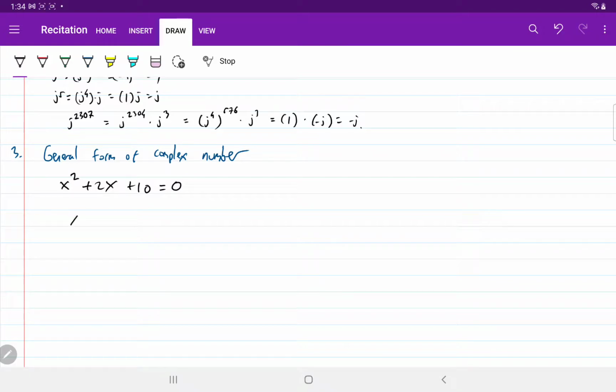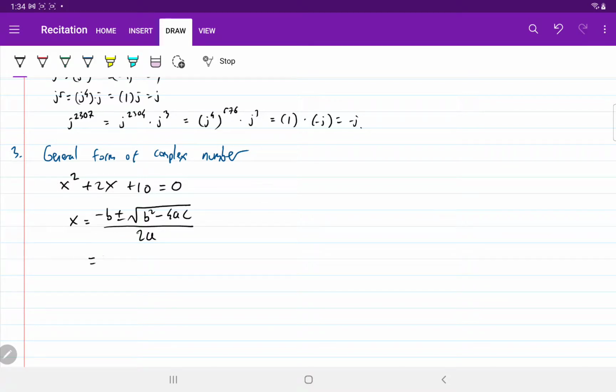Okay, we know that the roots are minus b plus minus square root of b squared minus 4ac, over 2a, where a here is 1, b is 2, and c is 10.